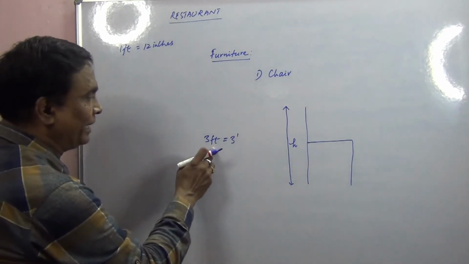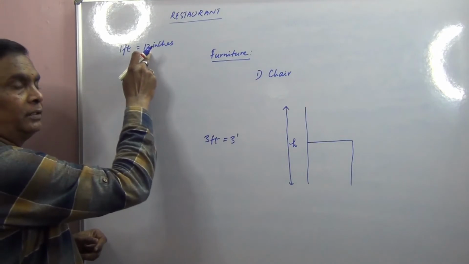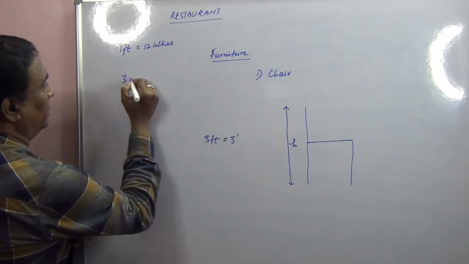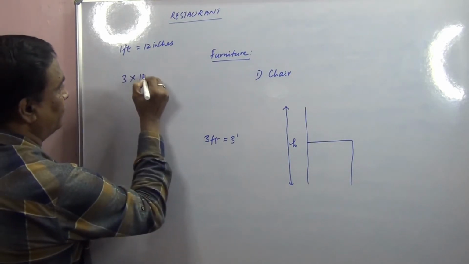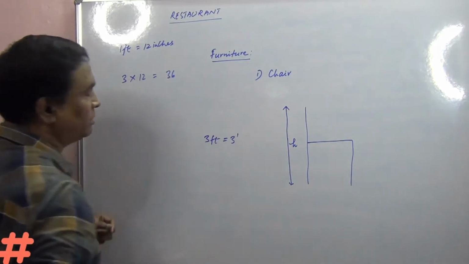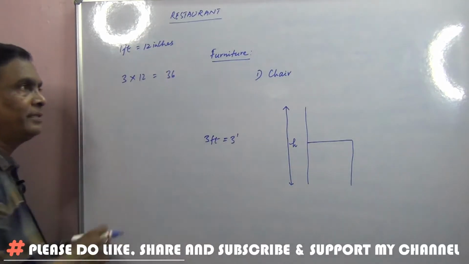So since we have 3 feet, that should be multiplied by 12 inches. So you get 36 inches.